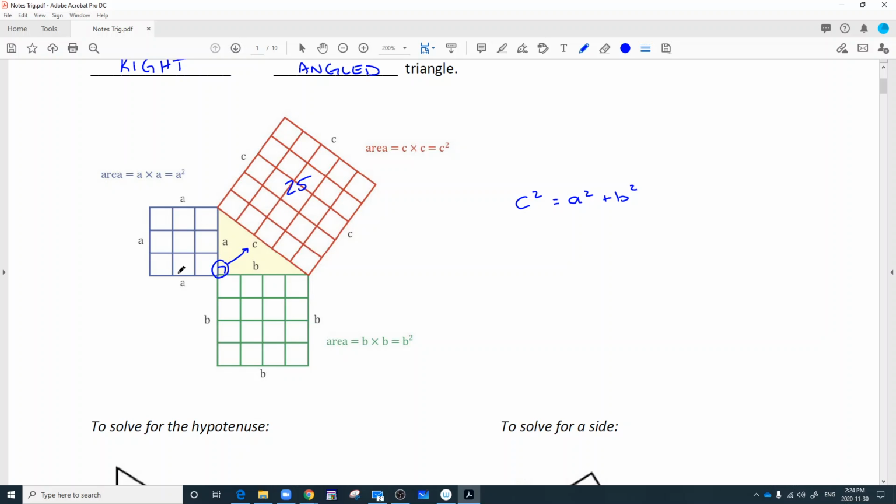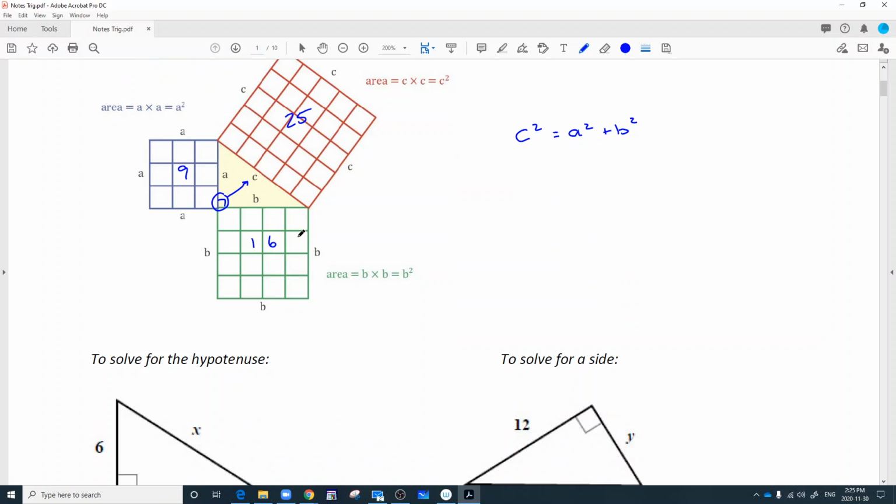So if I looked at the square of the other 2 sides, so if this one has a length of 3, this is 3 by 3, this would be 9, and this one is 4 by 4, so this is 16. So 9 plus 16 is 25. So the sum of the squares formed by the 2 sides is equal to the square of the hypotenuse.